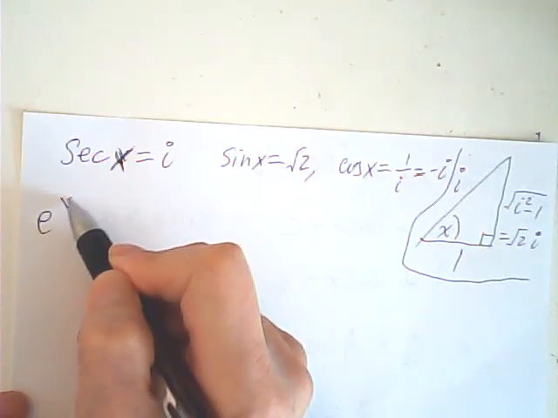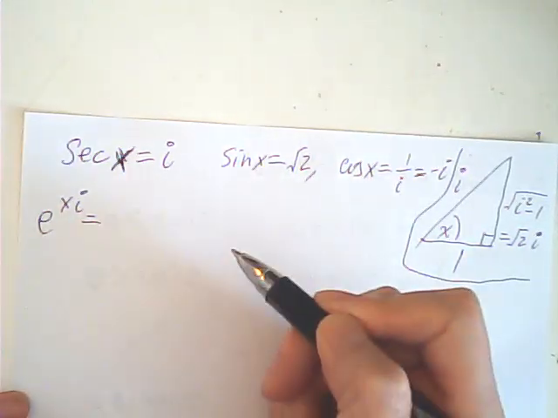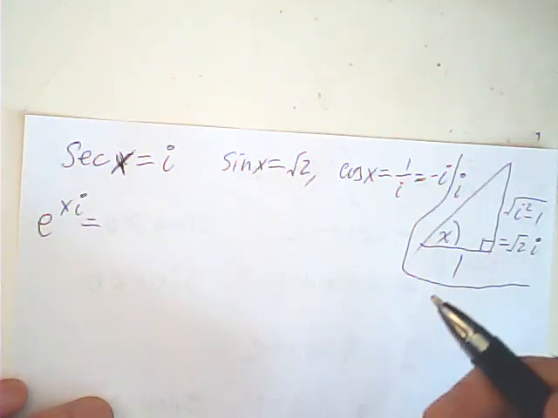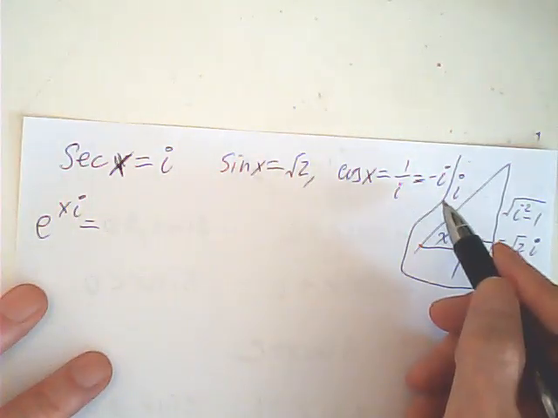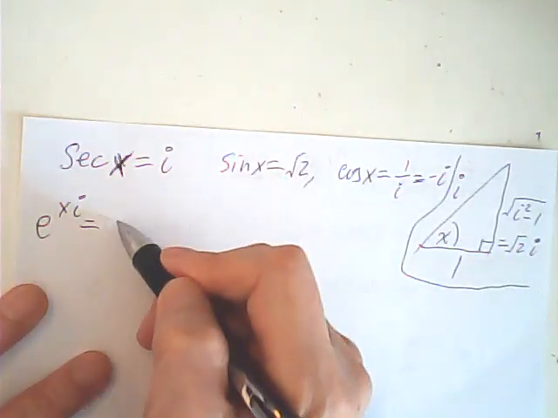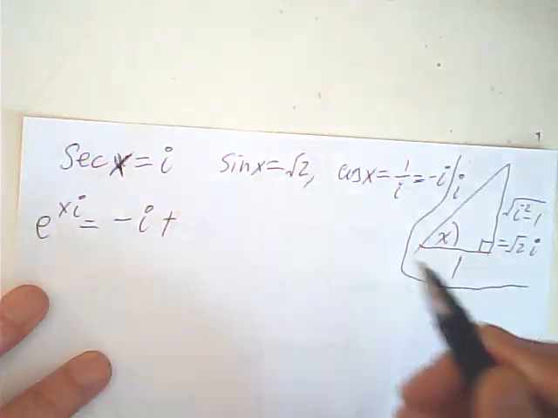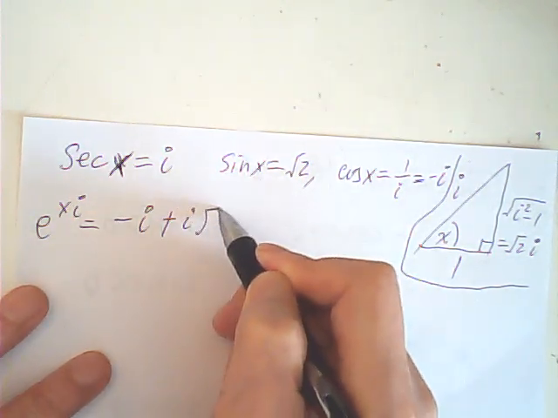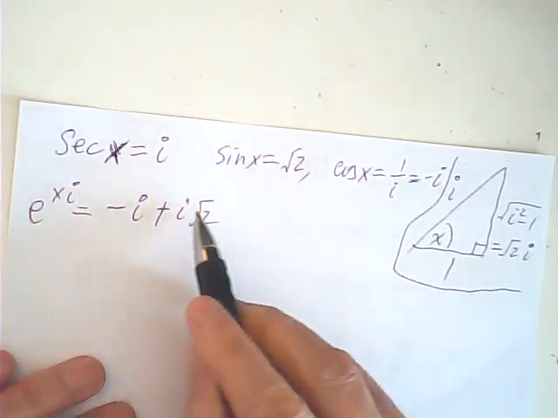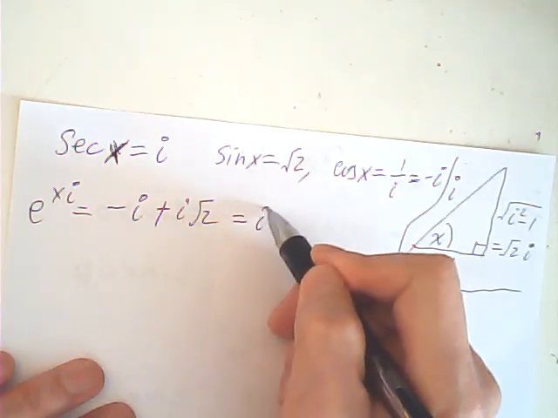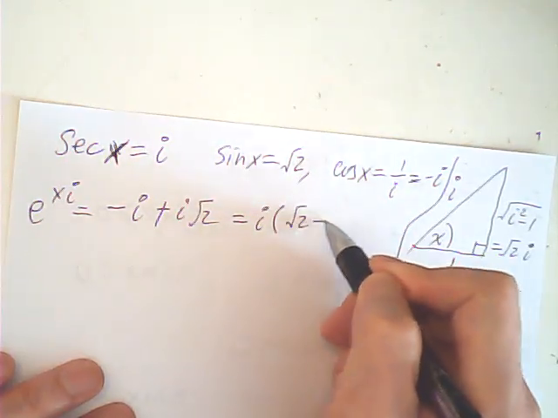Now then, e to the ix is equal to cosine, negative i plus i times root 2, yeah, times sine i. Yeah, this is equal to i, the common factor, root 2 minus 1.